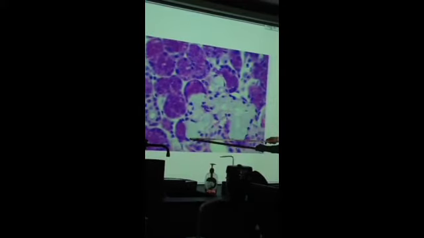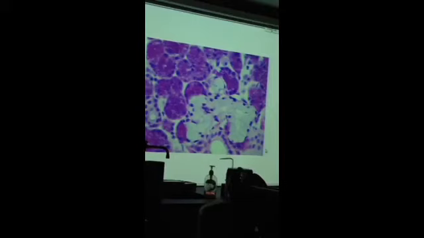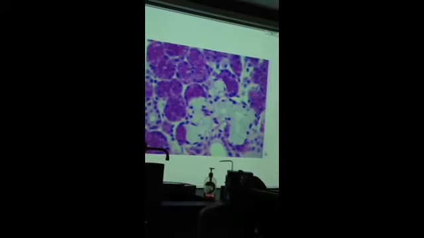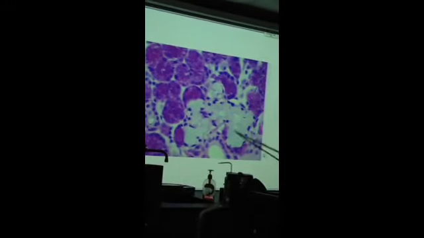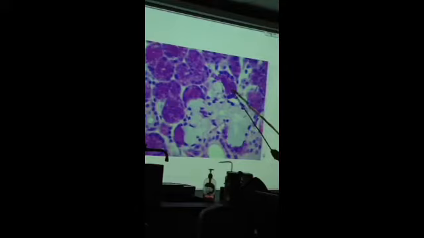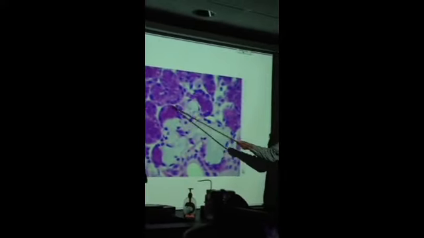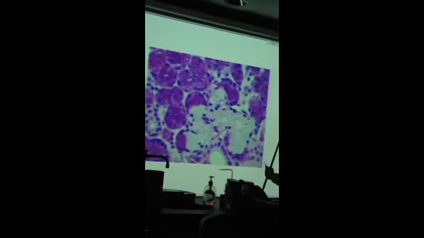Right here and right here. Mucous cells capped by these darker stained serous cells. It's kind of like a crescent or partial moon shape. These are called serous demilunes, and again, it's on your handout here. These are all mucous cells in here. There's a salivary gland duct, serous cells, once again mucous cells, and this capping, this crescent-shaped capping of some of the mucous cells by the serous cells, serous demilunes.